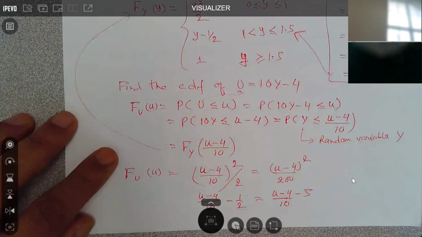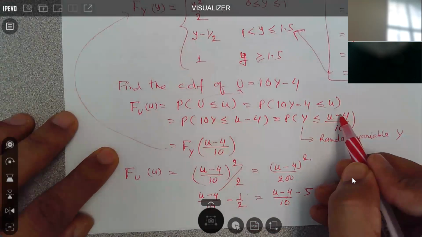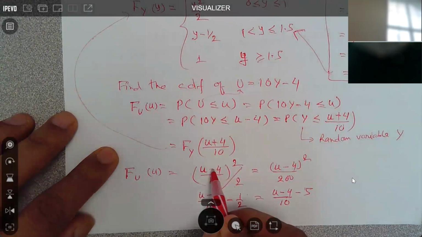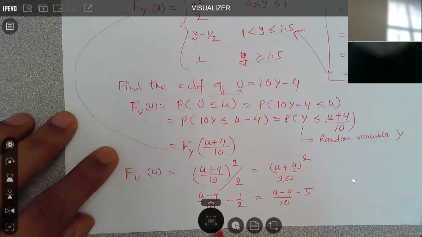U plus 4. So this is -4. It should be plus here, plus and plus. So this is equal to divided by 10.